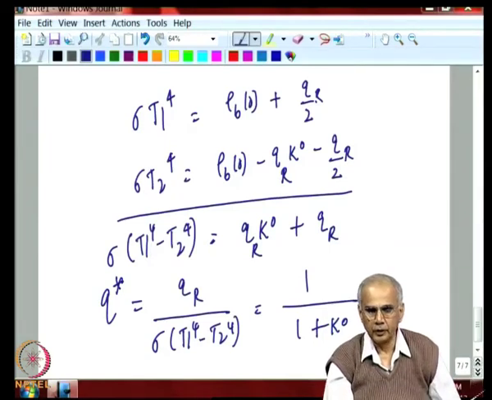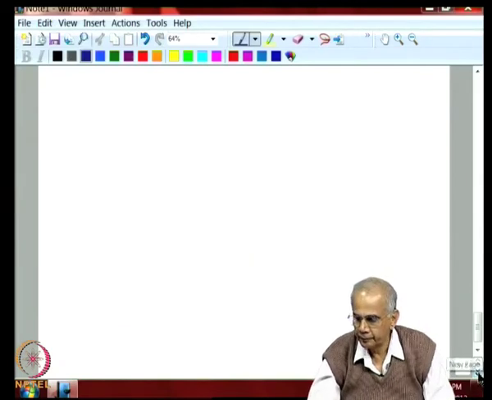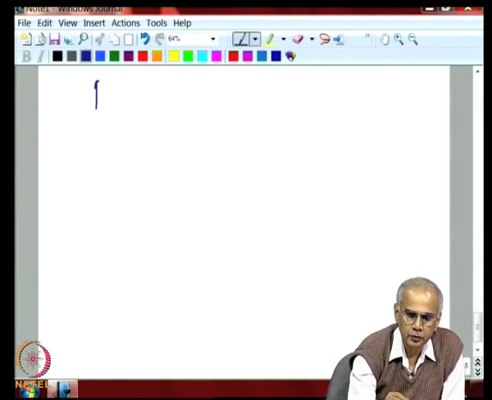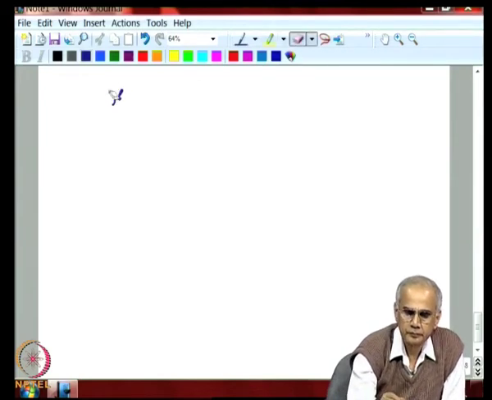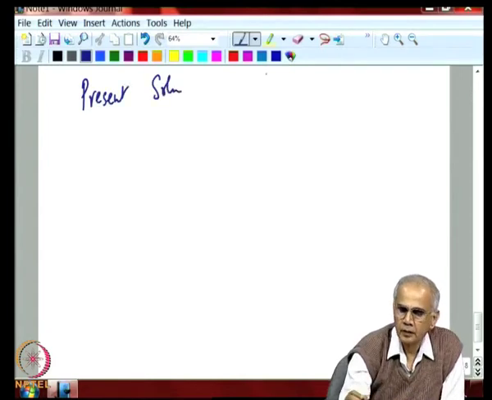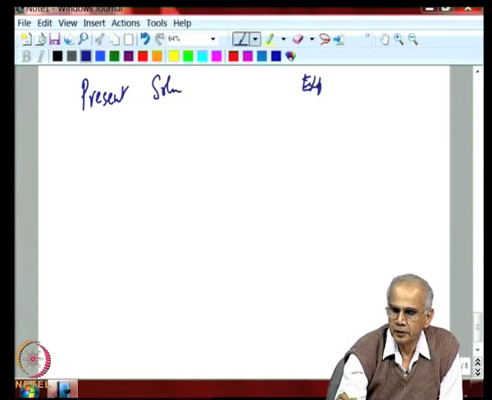It is not identical. So, let us now compare the present solution and the exponential kernel solution.